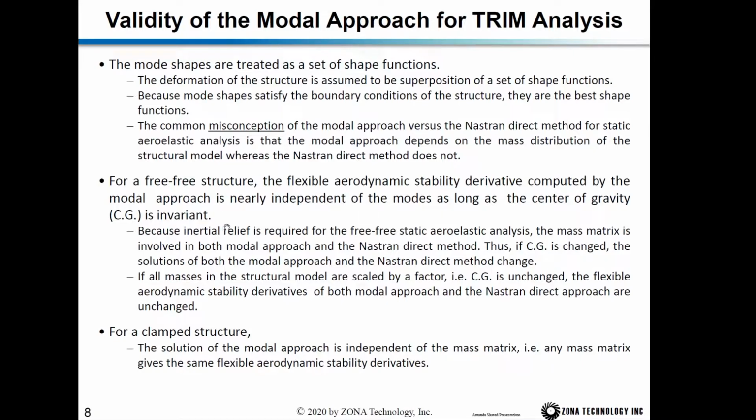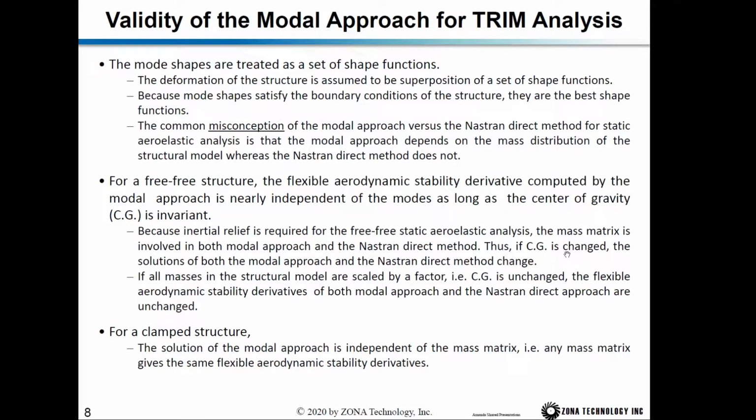And even if you want to use the direct approach, natural uses the inertial relief for the free static aeroelastic analysis. Therefore, even the direct approach involves the mass matrix. So the mass matrix is involved in both the modal approach and the natural direct method.